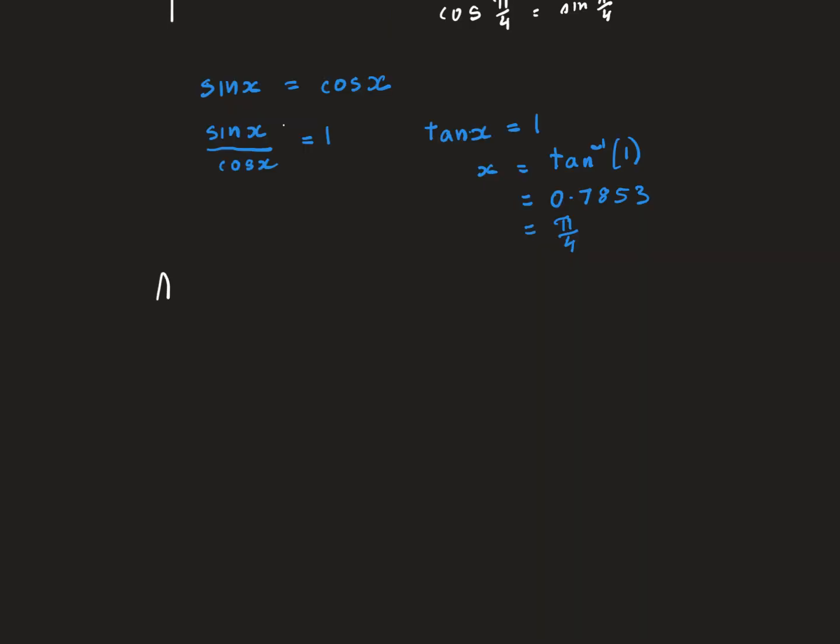Now we can work out the area by integrating from 0 to pi on 4 of cos x minus sine x dx, which is equal to sine x plus cos x from 0 to pi on 4.